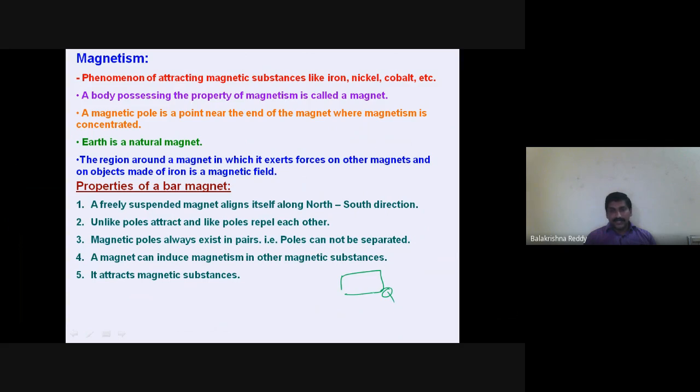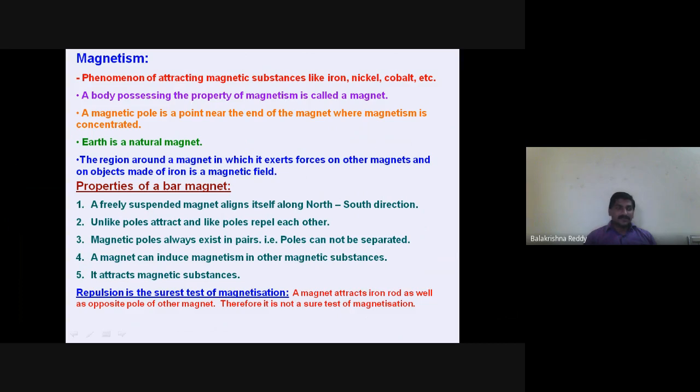One more iron nail is not attracted directly to this magnet, it is attracted here. So what happened is that in the second material also, the magnet is inducing the field. This property is called magnetic induction, since it is inducing the field without touching. Okay, it attracts the magnetic substances, that we know.